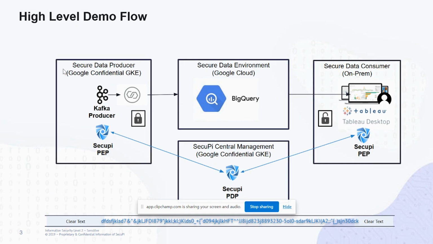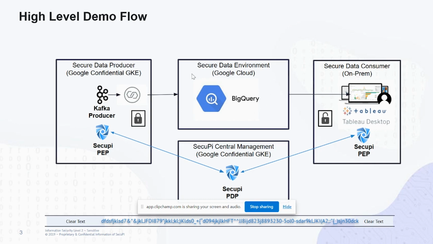On the left side, we have the Google GCP compute on which we deployed a Kafka producer that simulates data that is clear text data. We've installed a SecuPi enforcement point on this producer, and from that moment the data starts to be encrypted or de-identified, moving to the Kafka sink connector that passes it to BigQuery.